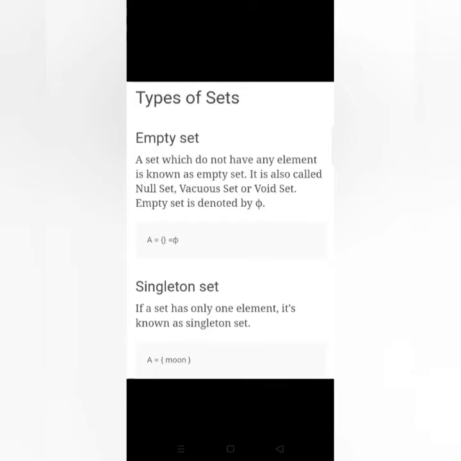So, an example for a singleton set is A equal to moon. This set notation is very important. Then mathematically, the set of all even prime numbers. What is our even prime number? That is 2. So A equal to singleton set 2. Right?